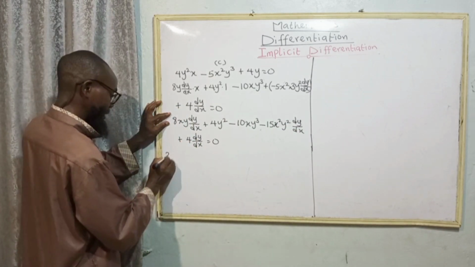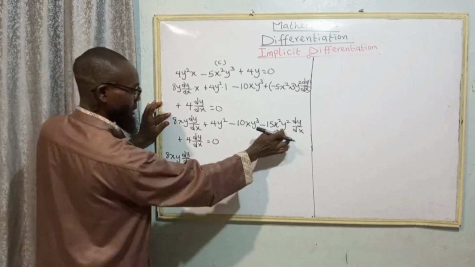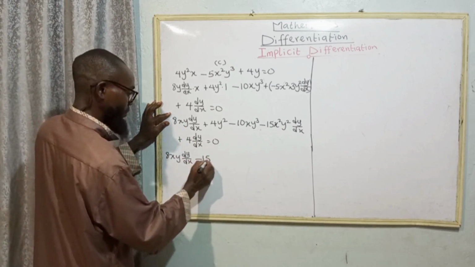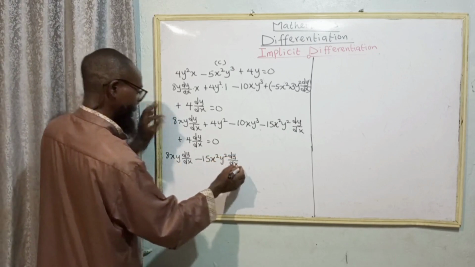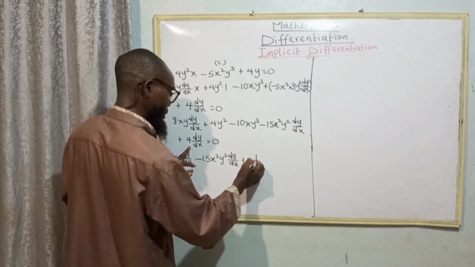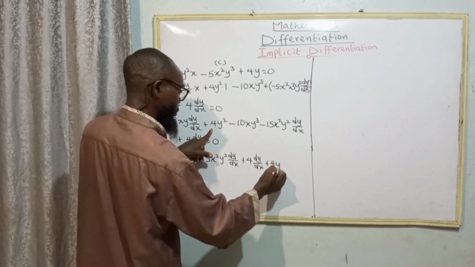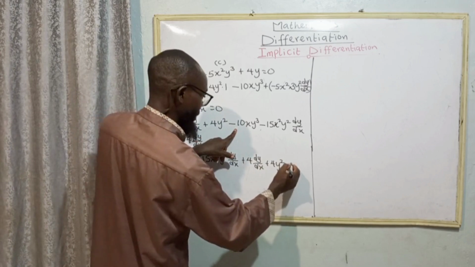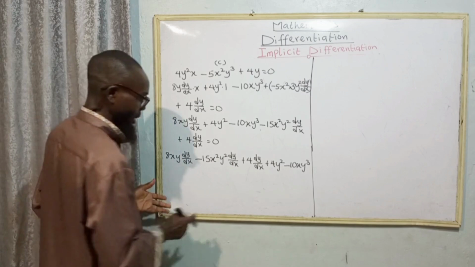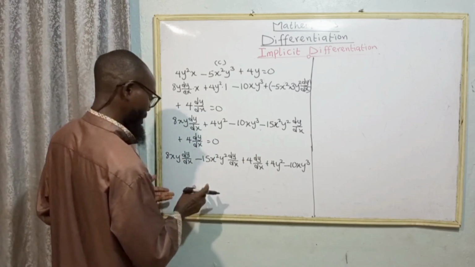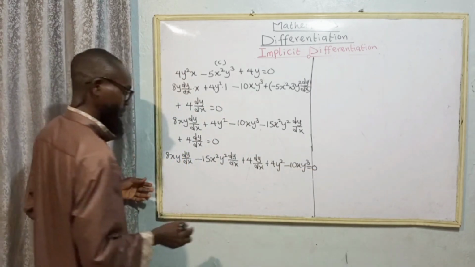We have 8xy dy/dx, another one, this one, minus 15x squared y squared dy/dx, then this one plus 4 dy/dx, this one plus 4y squared, then this minus 10xy cubed. So this equals 0, don't forget, equal to 0.